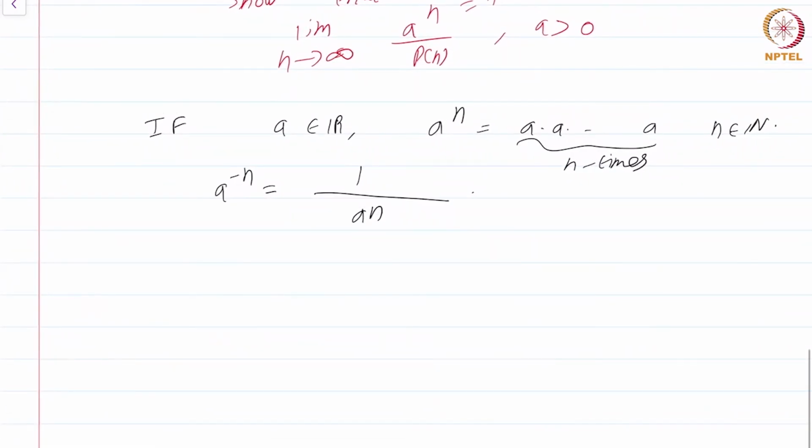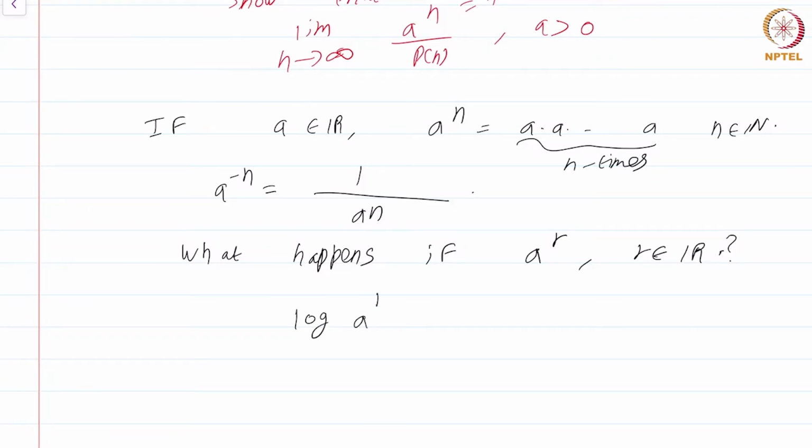Now what happens if you take a power r, where r is a real number? This can be defined in several ways, but the most elegant way is to do it via exponentials and logarithms. Now how do you do that? Well, let's assume that you can take log of a power r. When can you do that?